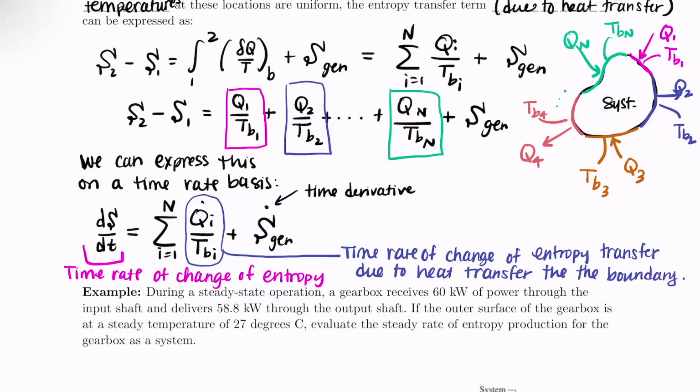And then this S dot gen is the time rate of entropy production due to irreversibilities.